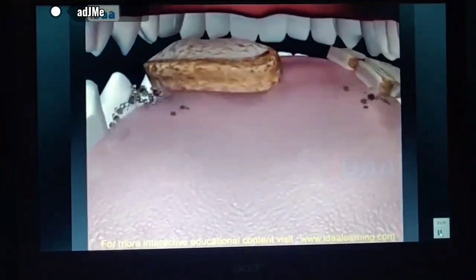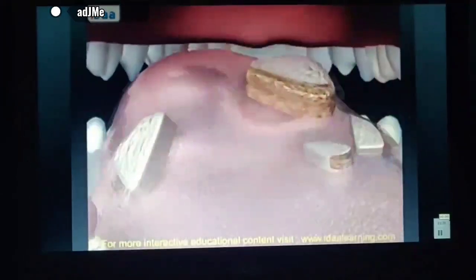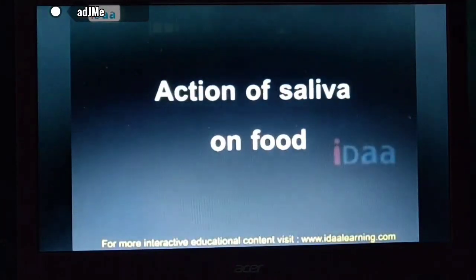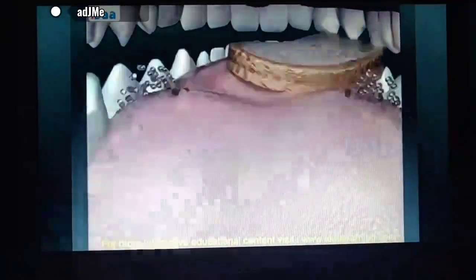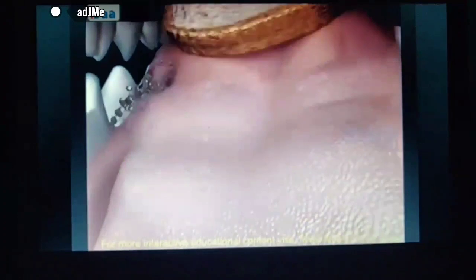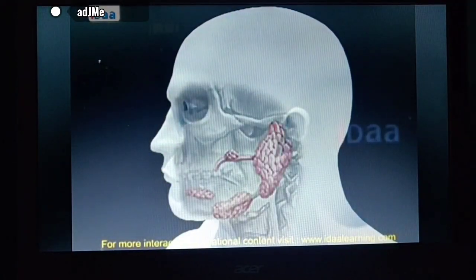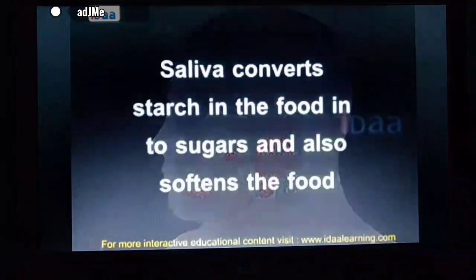gastrointestinal tract. So when food is put in the mouth, it is crushed by the teeth. The tongue is involved in the mixing of saliva, and apart from that, the tongue consists of many taste buds, which give us the sense of taste of the food.